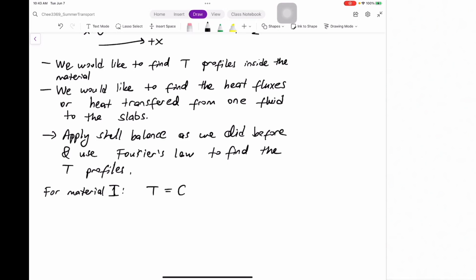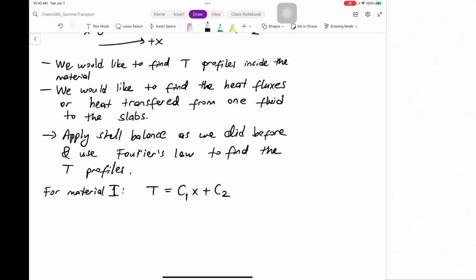It's going to be something like C1x plus C2, correct? So anybody who's curious about where this comes from, it's exactly the same linear relationship. I'm just using C1 and C2 as the constants, right?